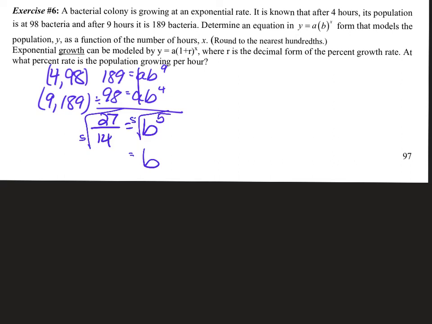So I think what I'm going to do, you can try and take the 5th root of 27, take the 5th root of 14, divide them and see what you get, or see if you can make it nice and neat and pretty, but I don't think that's going to happen. So what I'm going to do is put this whole thing in the calculator just like that. I'm going to hit the math button, number 5, 5th root, and I'm going to get under the root there.